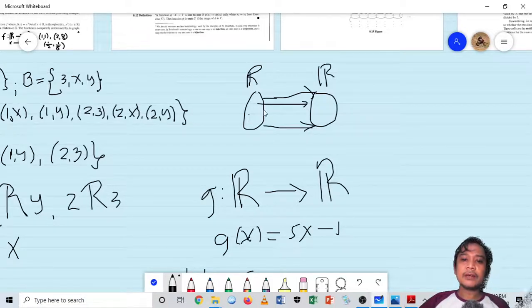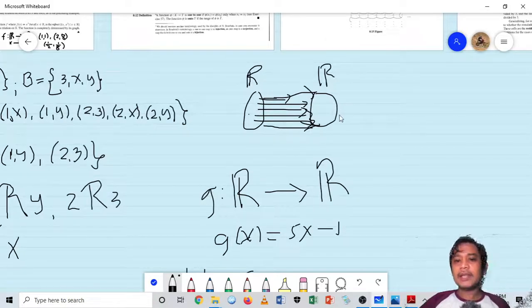So each element in the codomain should be an image of some element here. Meaning, if you have an element y here, there should be some x here, x which is an element of R, which pairs to y. You follow?